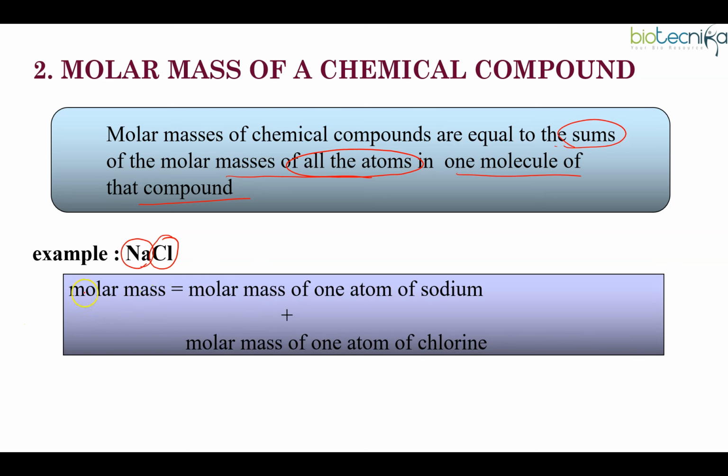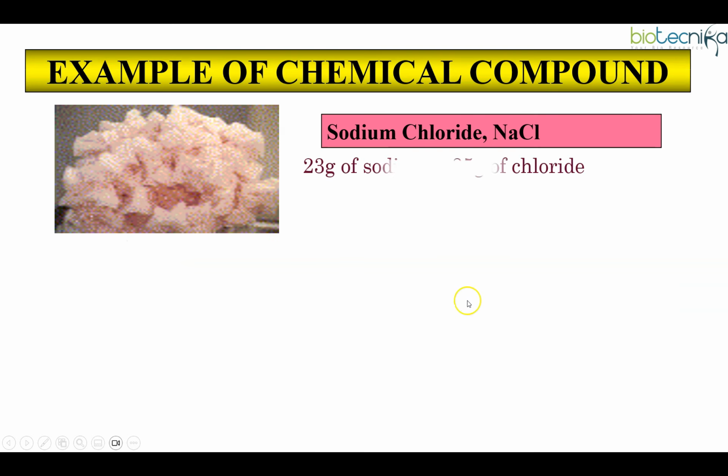So the molar mass of sodium chloride will be molar mass of 1 atom of sodium and molar mass of 1 atom of chlorine. 1 mole of sodium will be 23 grams, because 23 is the mass of sodium, 23 AMU. If we take 1 mole of sodium, it will be 23 grams. And if we take 1 mole of chlorine, it will be 35.5 grams. So total will be 58.5 grams.